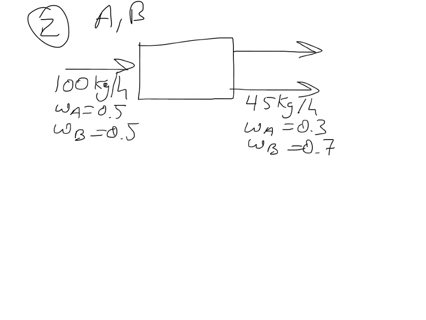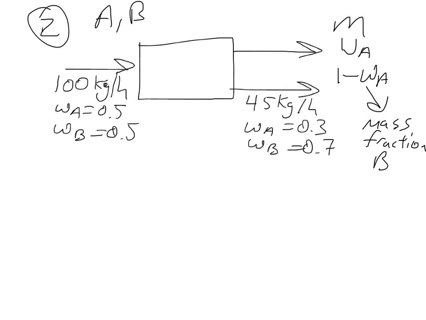In this case, we could simply call this M for the flow rate, we'll call this WA for the mass fraction of species A, and then 1 minus WA, which is the mass fraction of B.